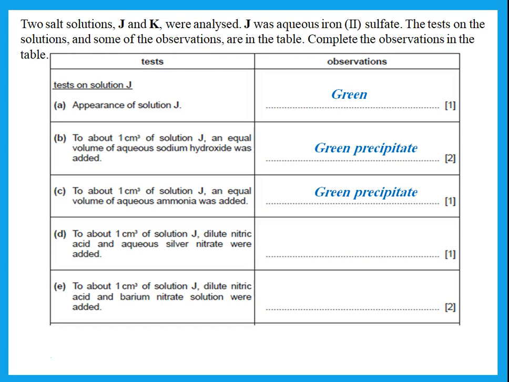I don't have chloride, bromide, or iodide. So if I add silver nitrate, no change or no reaction. Now, to J, I'm adding dilute nitric acid and barium nitrate. Barium nitrate is a test for sulfate. So if I add the barium nitrate to iron 2 sulfate, I do have sulfate. What should I get? I should get a white precipitate.